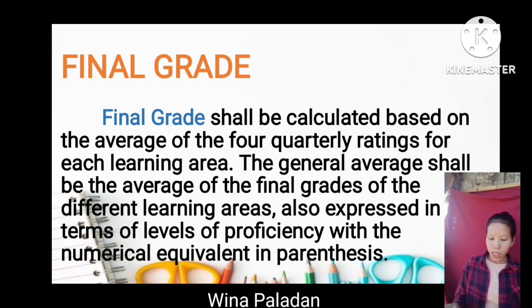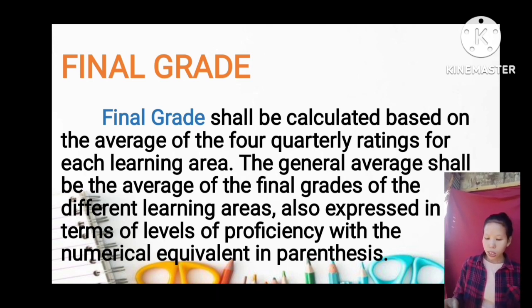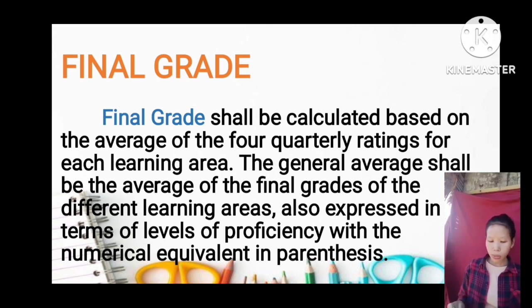The final grade is calculated from the quarterly rating of the learners in each learning area. In a whole year, we have four quarter assessments: first, second, third, and fourth quarter.